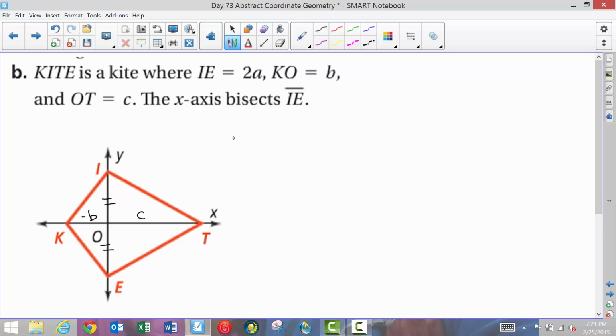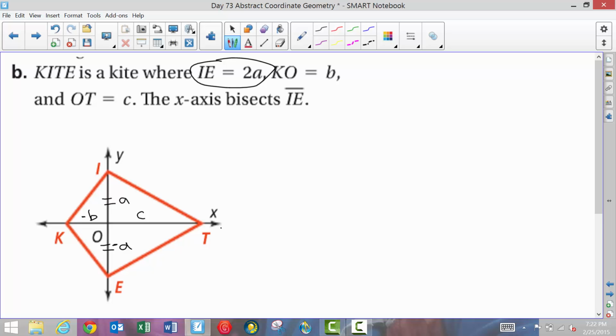If I to E is 2A, but it's being bisected, half of 2A is A and A. O to E is negative A. Why? Because anything below the x-axis is in the negative direction, so it's negative A.